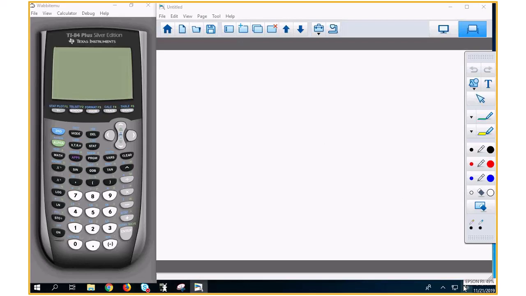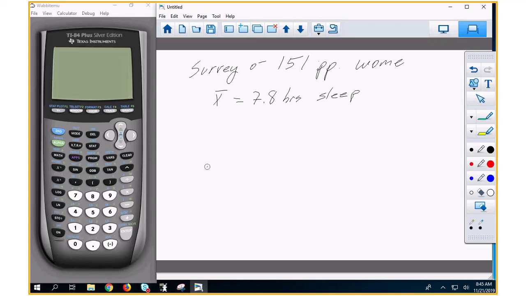All right. A recent survey of 151 postpartum women says that they get a sample mean of 7.8 hours of sleep and a standard deviation of 1.4 hours.